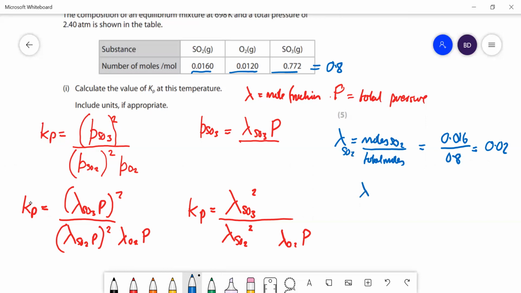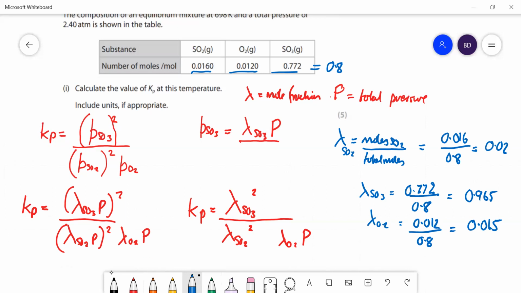The mole fraction of SO3 is going to be 0.772 over 0.8, which is 0.965. And the mole fraction of oxygen, 0.012 over 0.8, which is 0.015.